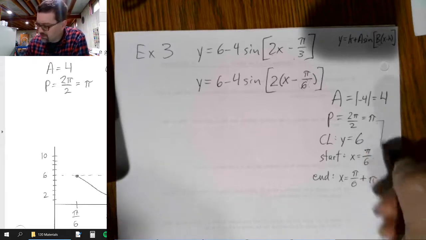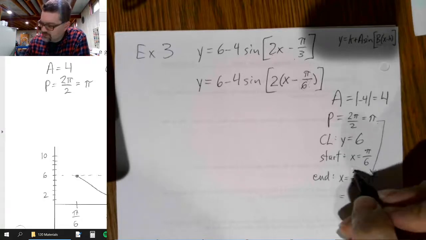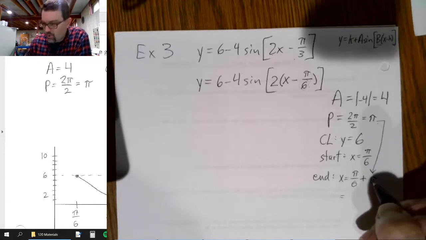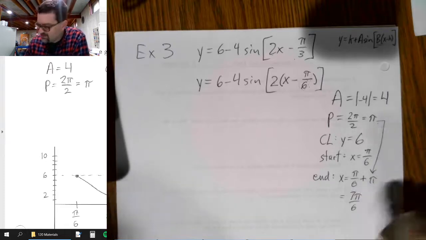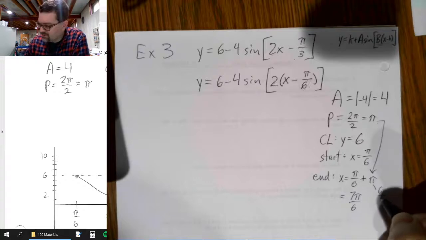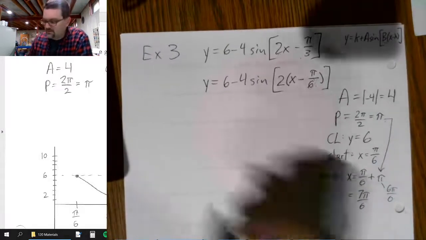So 1/6 of a pi plus a whole pi is 7 total sixths of a pi. Or you can write this as 6 pi over 6, and if you add one more, you get 7 pi over 6.